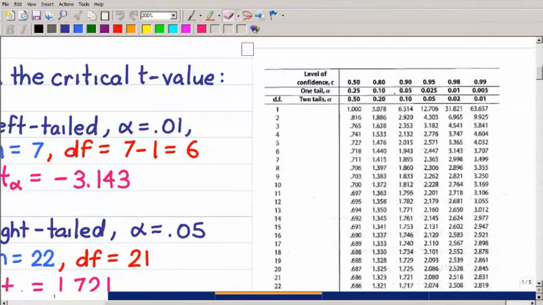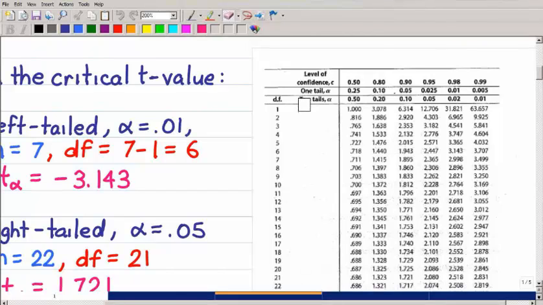All these numbers are positive, so you'll have to realize now when it's a right-tailed problem, you'll look at the critical value alpha in the one tail, and you'll use the number off the chart as is because it'll be positive. If it is left-tailed, you will look up also the one-tail category for the right alpha, but you have to make sure you realize the value will be negative, since obviously the chart won't show that.